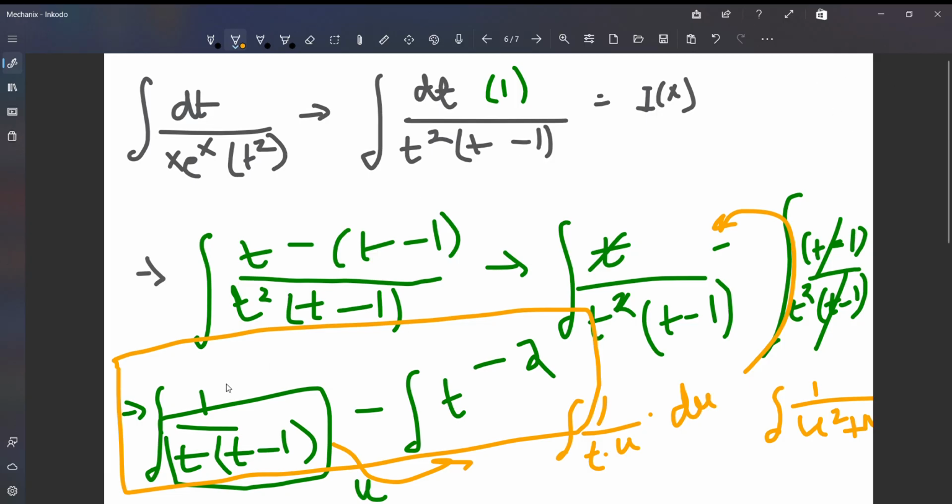If you haven't already figured it out, as you did t minus 1 here, the same thing will apply here.